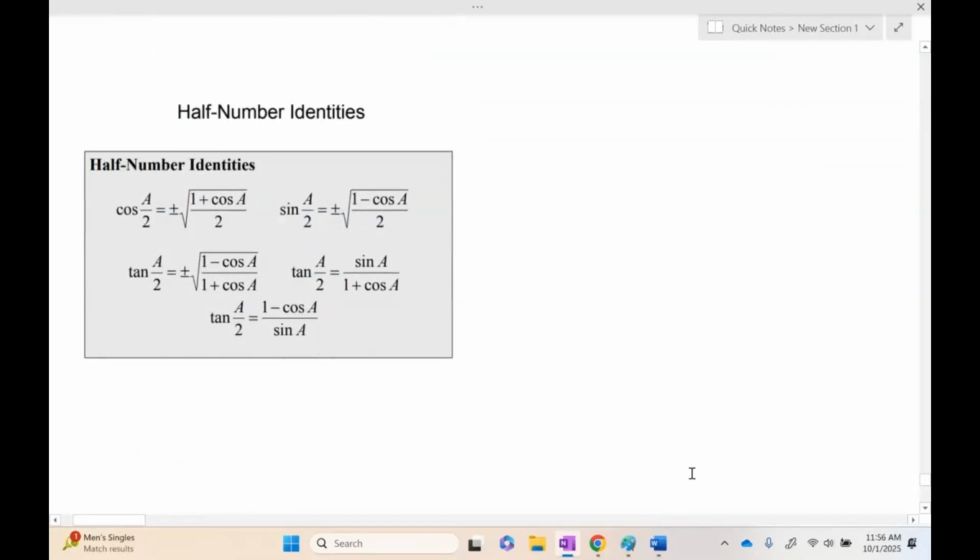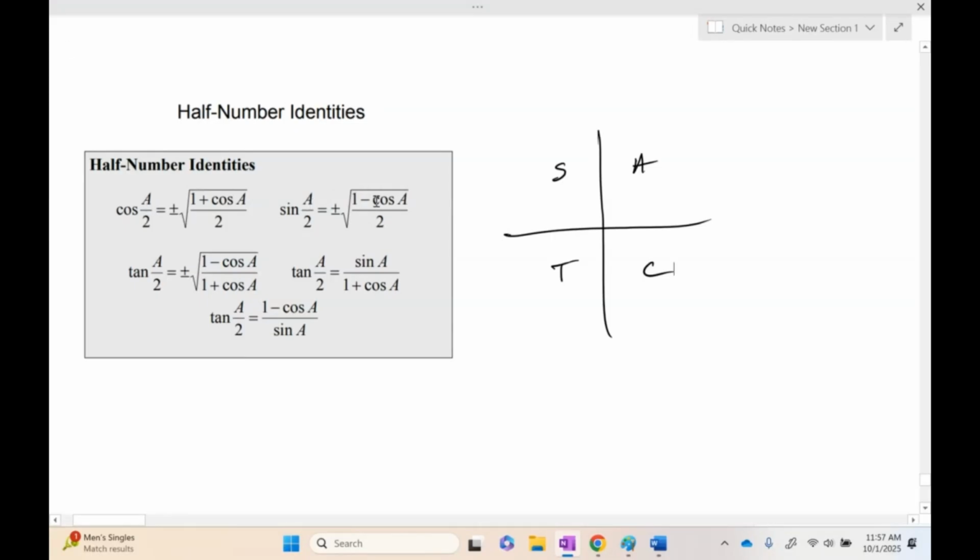You're going to notice this plus or minus in some of these formulas. So I'm going to go down. So notice that these first 3 formulas have a plus or a minus. The first thing that you must do is determine which quadrant your angle lies in. And then remember this All Students Take Calculus deal. Once you find out which quadrant your angle lies in, then you can determine if it's supposed to be negative or positive.